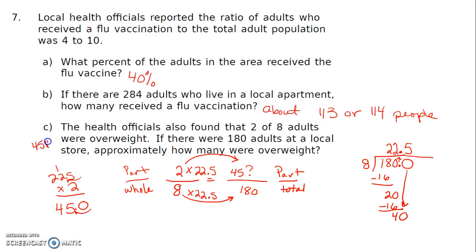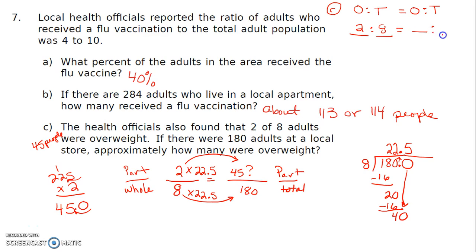I just want to quickly show you letter C using your upside down caret. So you would have overweight to the total adults equals overweight to the total adults. You know 2 out of every 8 are overweight.